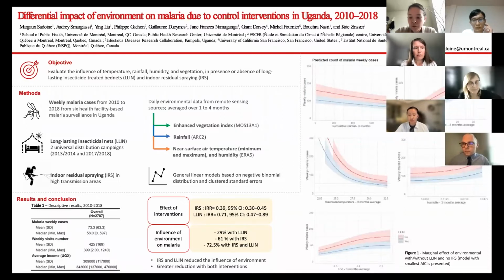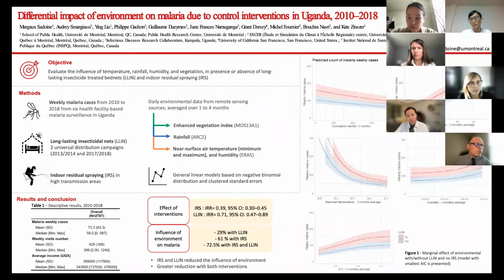Yeah, thank you so much for this presentation. I remember from the earlier presentation that the Uganda ICEMR did, there was quite a significant difference between the different IRS that was done. If I remember correctly, in some areas when the IRS was done, there was an increase, and in the area where there was no IRS, there was a decrease. And I think there are a lot of environmental factors in that.